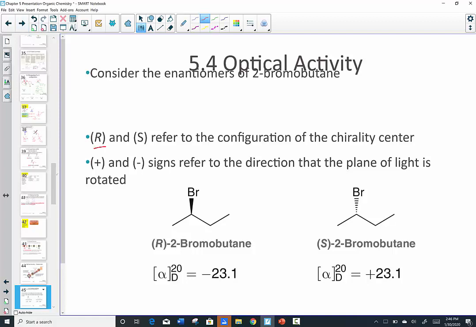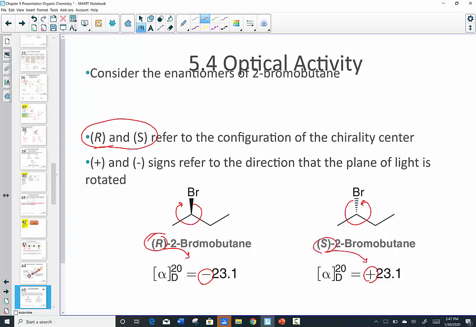R and S are the letters that we use to designate configurations, knowing that the R configuration has the priorities going clockwise, and the S configuration tells me that the priorities are going counterclockwise. It has nothing to do with the direction that the light will spin. There is no correlation. I cannot know that an R will be negative. I cannot know that an S will always be positive.